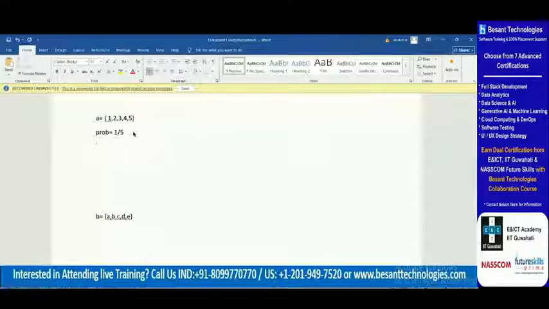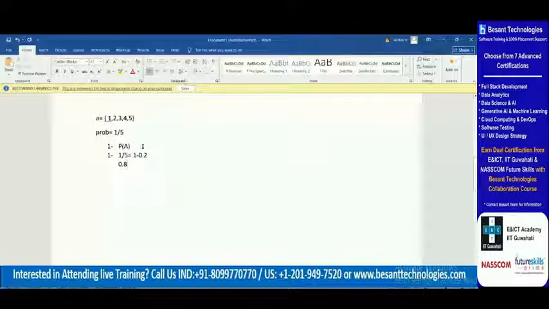You have a formula, which is 1 minus probability of A. So the probability of not getting 1 is 1 minus 1 divided by 5. 1 divided by 5 is 0.2, so the output will be 0.8.